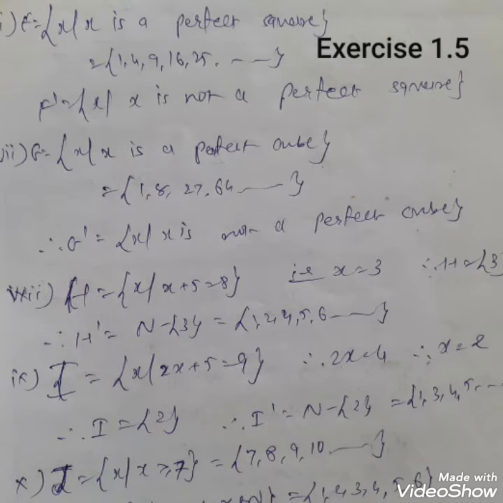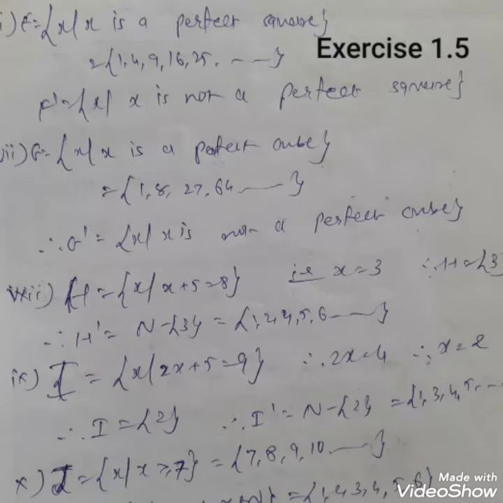So F dash in set builder form we can write as x such that x is not a perfect square. So in that the elements are 2, 3, 5, 6, 7, 8, 10, 11, 12 up to 15, then 17, 18 up to 24, 26, 27 up to 35 and so on.